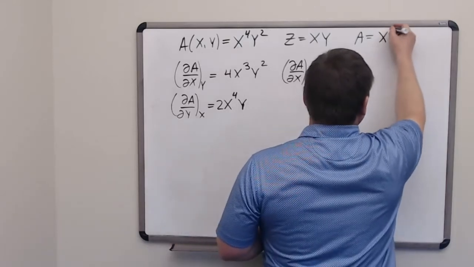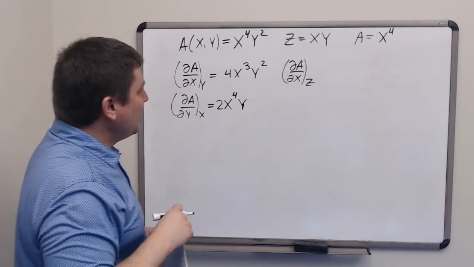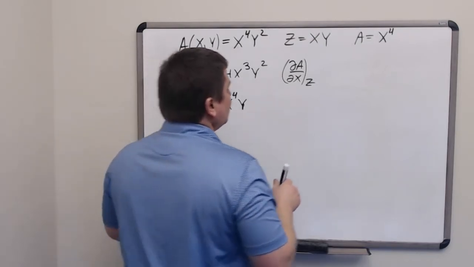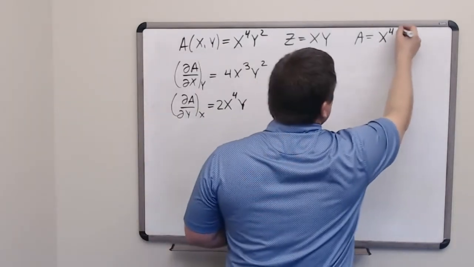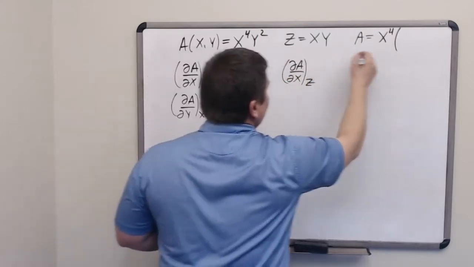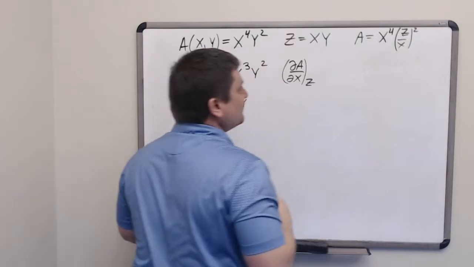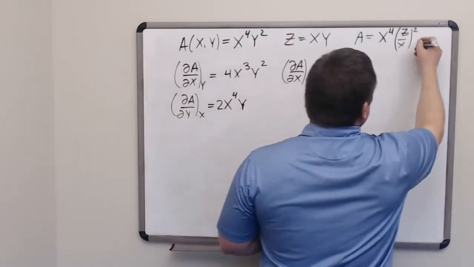Well, we want x to be in there, so the x to the fourth can stay. But we don't want y, we'd rather have z. So instead of y squared, I'll write y as z over x. That was y squared in the definition of A, so here it will be z over x, squared.